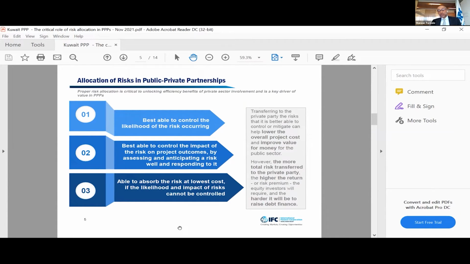If you try to allocate that to a private sector, they will put a risk premium. They will try to have a contingency around it, and the cost of that will be quite high, right? So three key principles: allocated to the party best able to control the risk, allocated to the party best able to control the impact, and allocated to the party which is able to do this at the least cost possible.